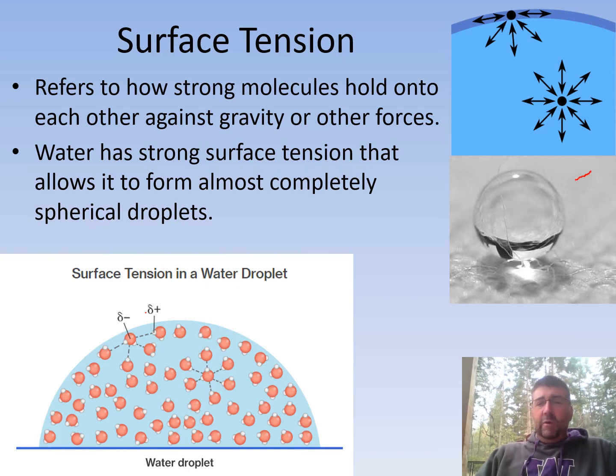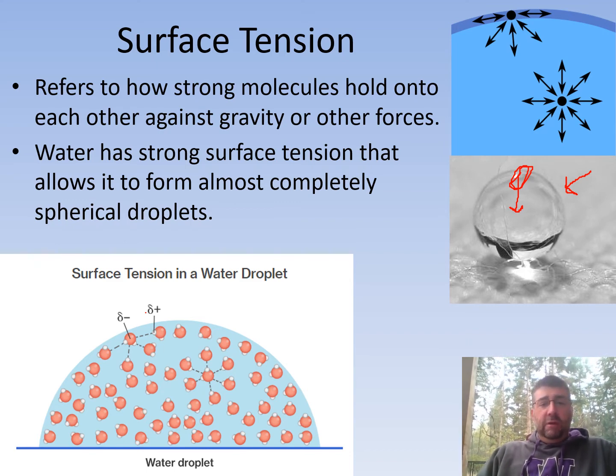So take a look at this water droplet right here, and you'll notice that it's nearly spherical. The water molecules that are up here are being pulled down by the force of gravity, but they are being held up by what we call surface tension, which is the interaction that they have with all of the water molecules around them.